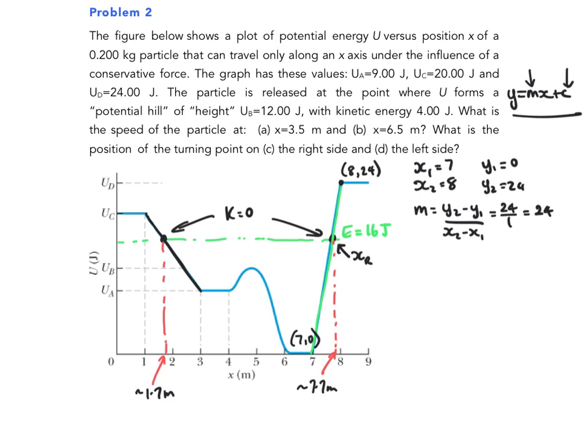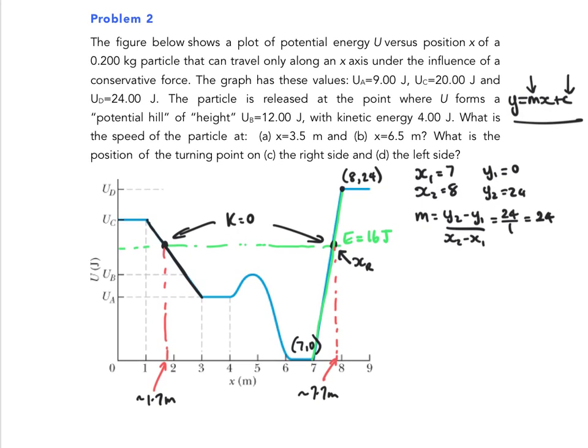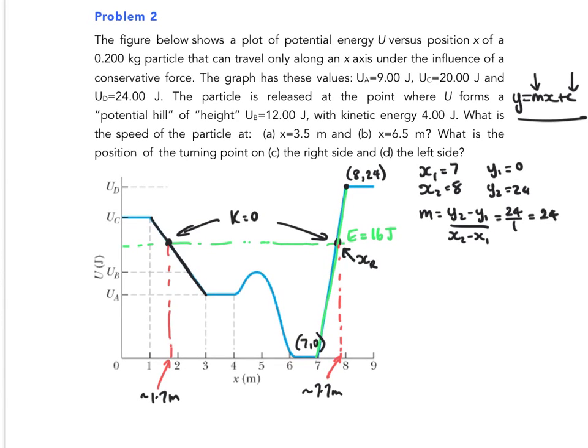We can rearrange that equation to get c equals y1 minus mx1. We can just choose any of our coordinates there, and we can choose this one here to make it easy. We've just chosen one of our points and rearranged our equation of a straight line to solve for c.